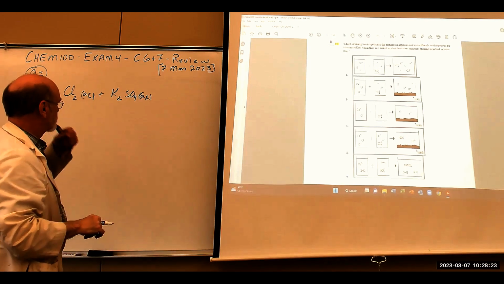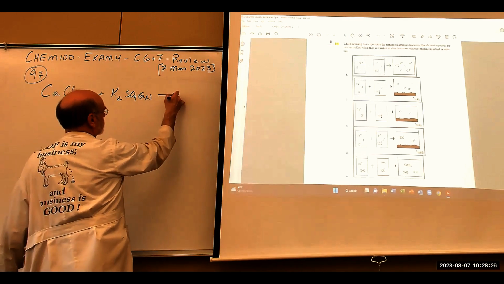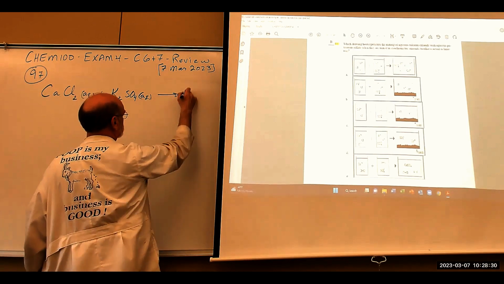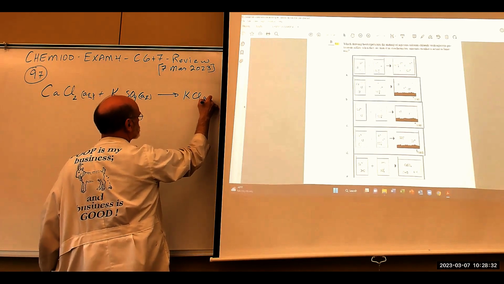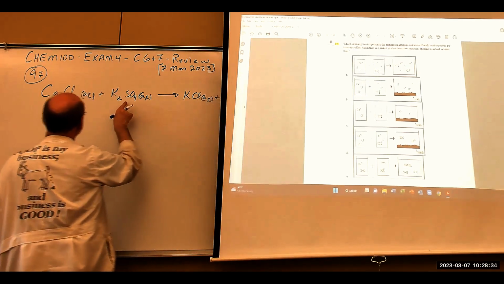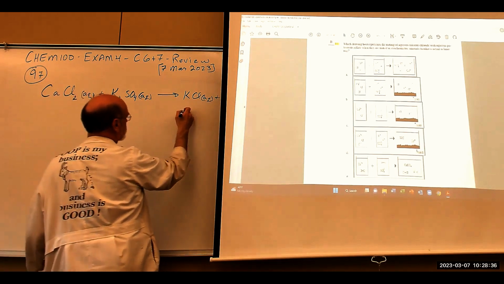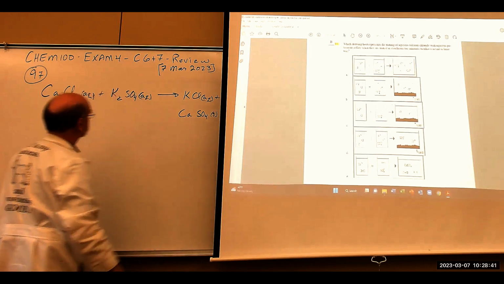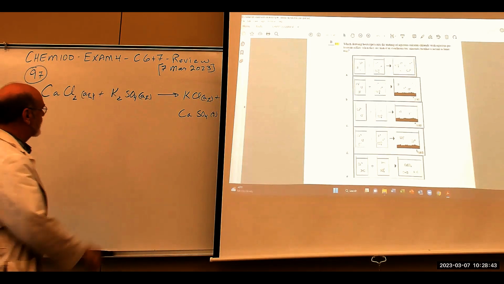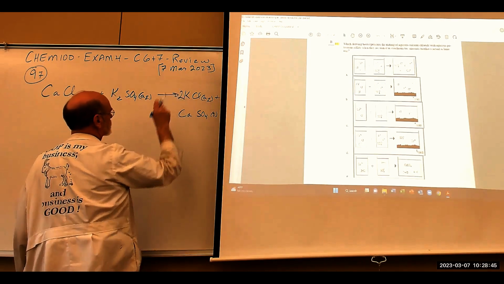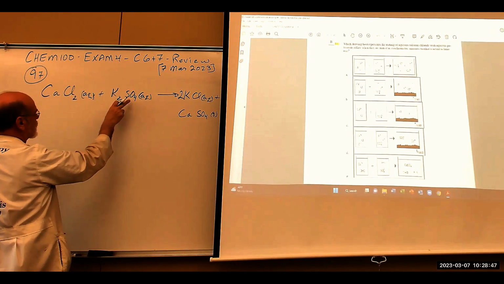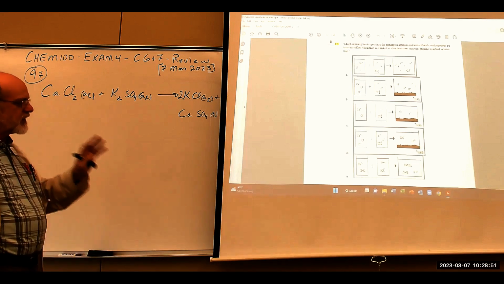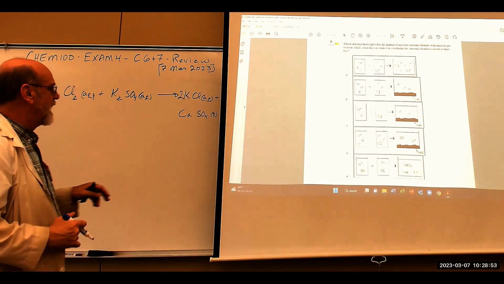So when those mix, potassium goes with the chlorine, which is aqueous, and then the calcium goes with the sulfate, which is a solid. Okay. Now we need to balance. So we need two of these here: two potassiums, two chlorines, one sulfate, one calcium. That's balanced. Okay, which one of these best represents that?